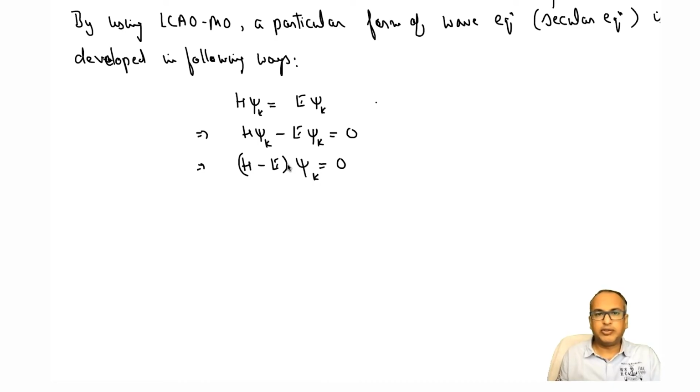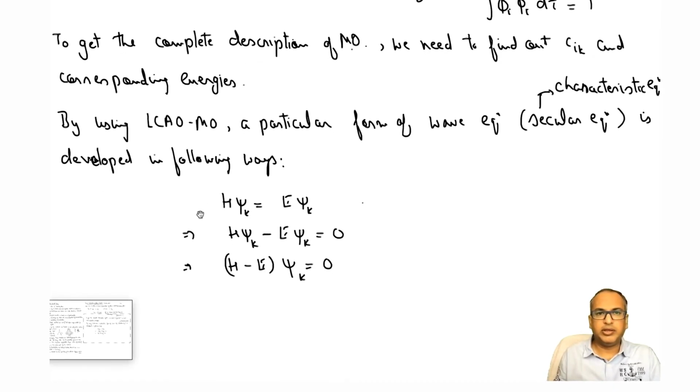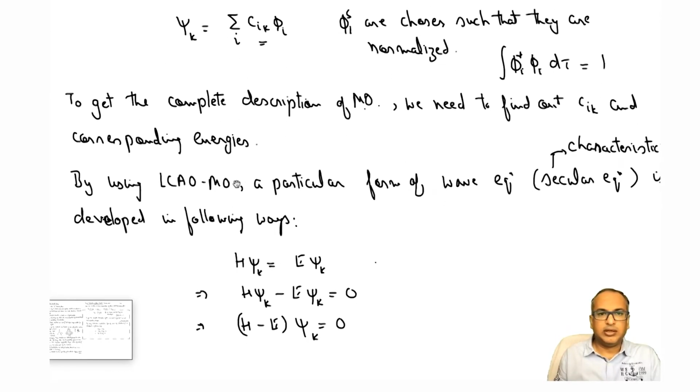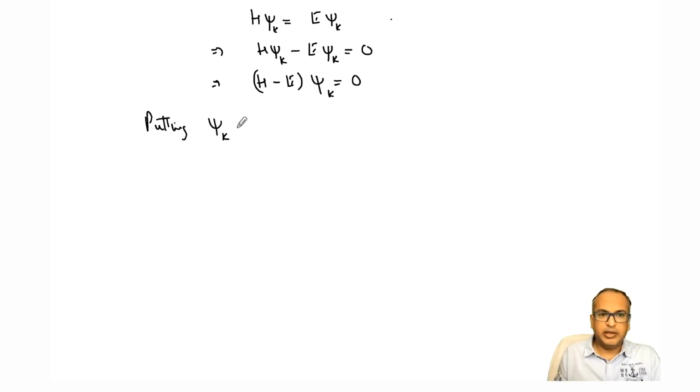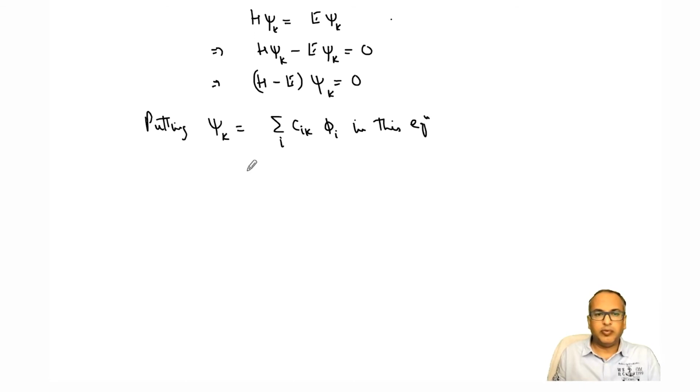Now substituting the value of psi k from the above equation, which is the linear combination, putting psi k equal to the summation over i of c ik phi i in this equation, we get H minus E phi i, with c ik outside, summed over i.